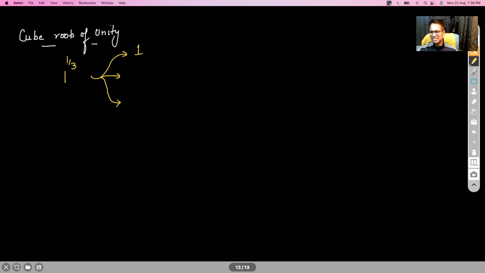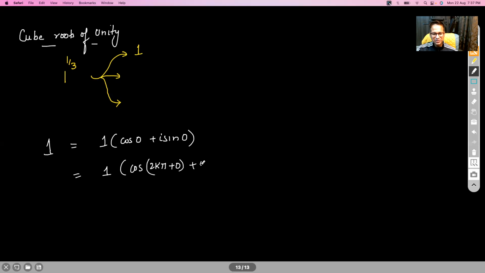See, let's do this process. Now, 1 as a complex number in polar form can be written as 1 cos 0 plus I sin 0, right? So can I now write this as 1 cos 2k pi plus 0? By the way, you need not write plus 0, it is just 2k pi only.